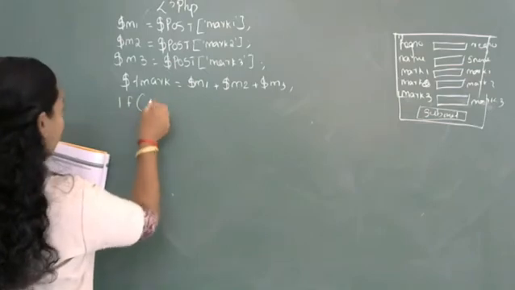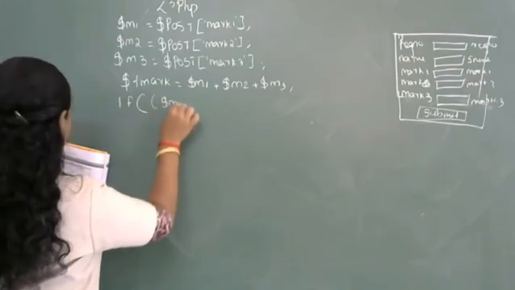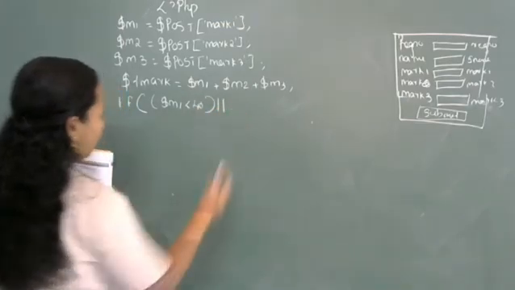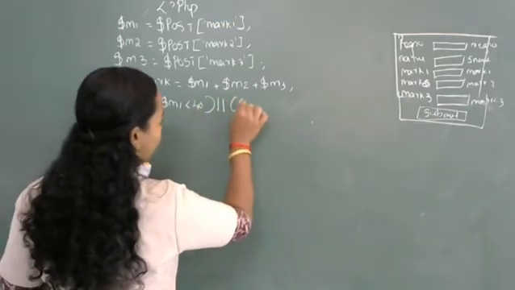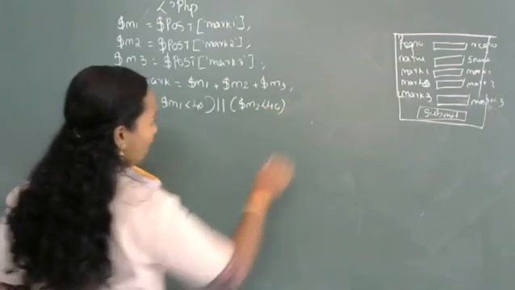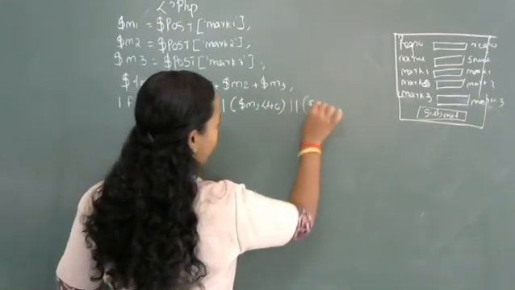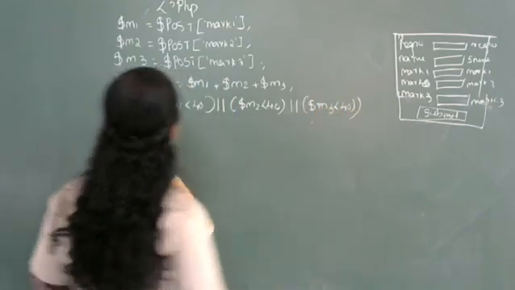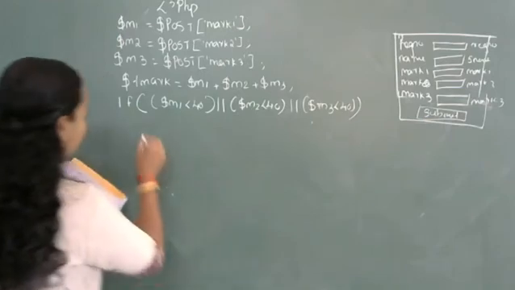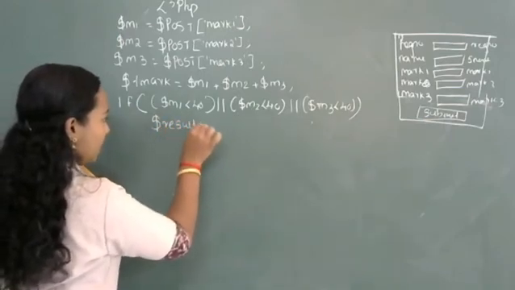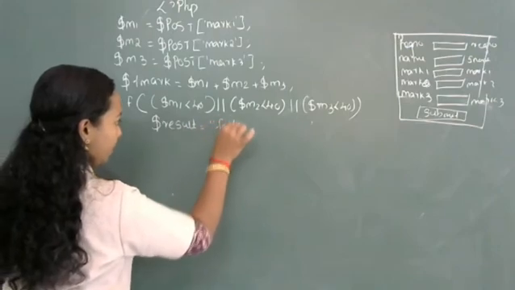If $M1 less than 40 or $M2 less than 40 or $M3 less than 40, result is equal to failed.